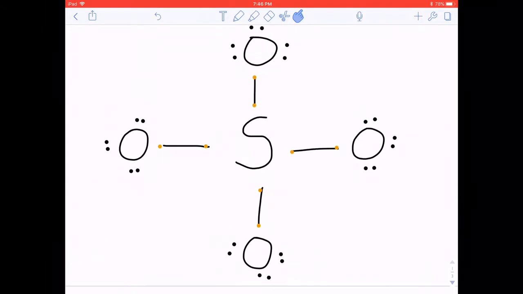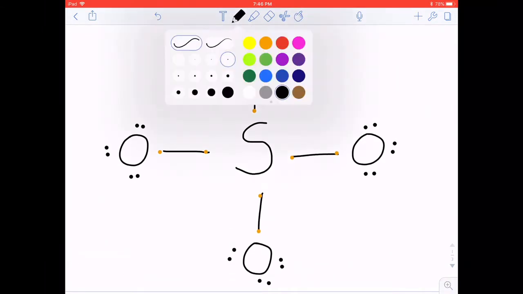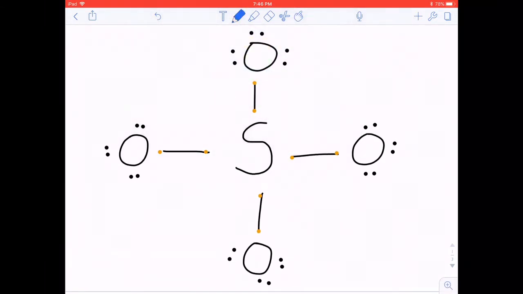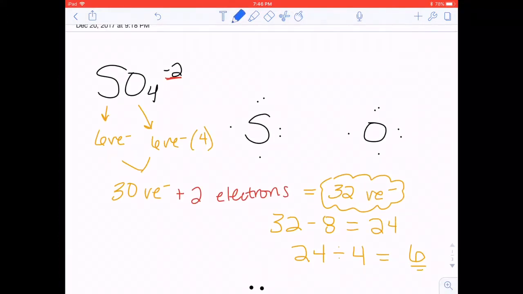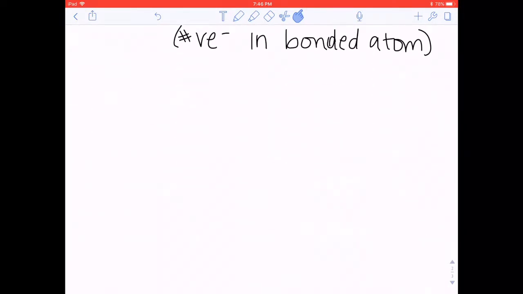So let's go and count how many valence electrons there are for sulfur. So if we look at the free atom of sulfur, we can see, if you count, there's 2, 4, 5, 6 valence electrons in the free atom of sulfur.